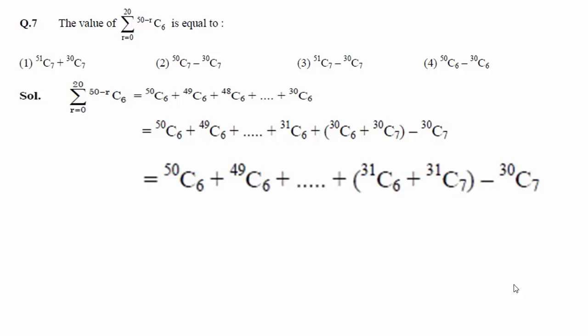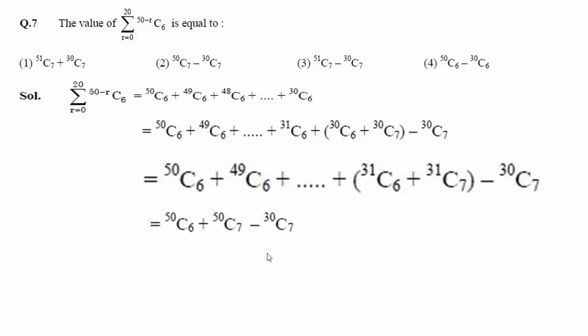Therefore, the answer will be 50C6 plus 49C6 and so on, plus 31C6 plus 30C6 plus 30C7, which becomes 31C7, minus 30C7. Continuing in this way, we will get 50C6 plus 50C7 minus the last term 30C7 as it is.